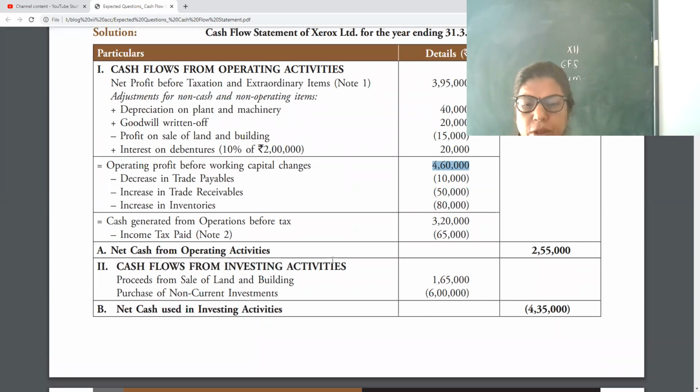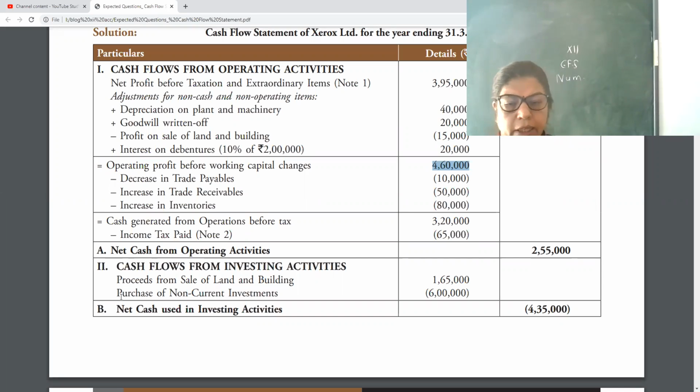Net cash from operating activity. This is a positive item. That's why we can write net cash from operating activity. If that is negative, then we can write net cash used in operating. If that is positive, it means flow from operating.